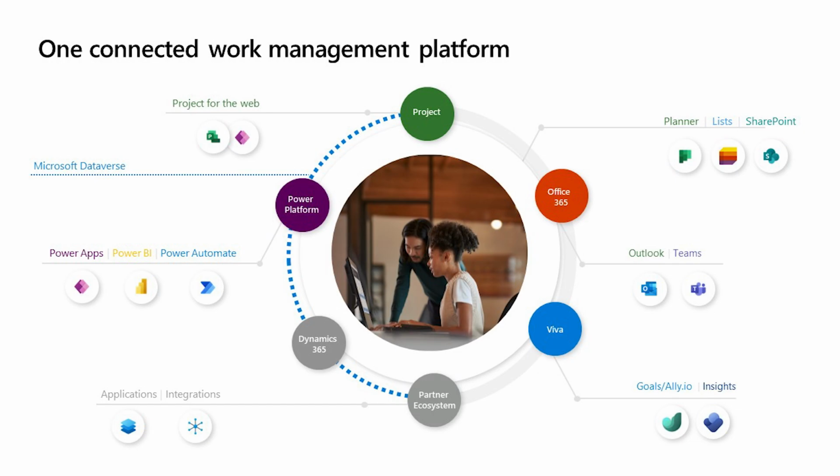To put a little context around where Microsoft Lists, Microsoft Teams, and of course the use of the Power Platform, in this instance, you're going to see a lot of the use of Power Automate, really fits within the context of a connected work management platform that is a subset of what we offer through Microsoft 365. So there are a lot of apps and ways of how these apps are integrated for a lot of different scenarios.